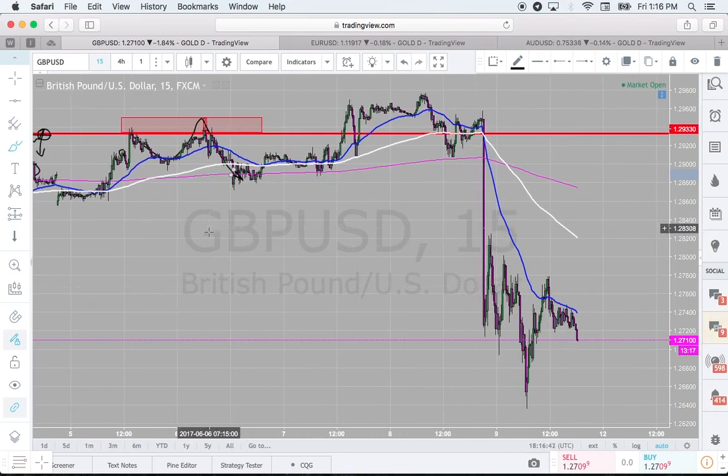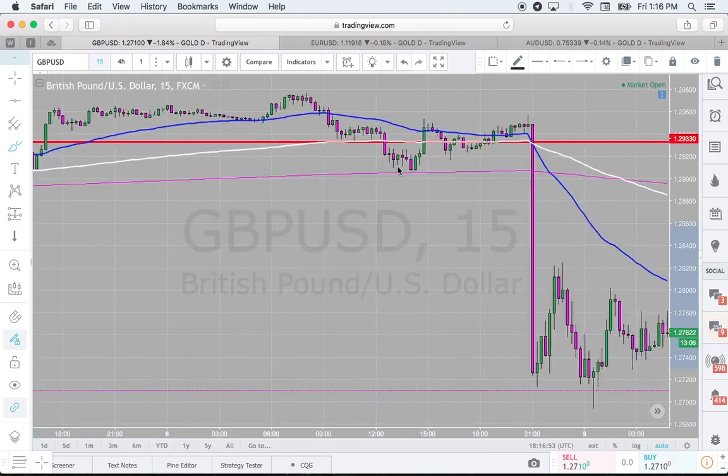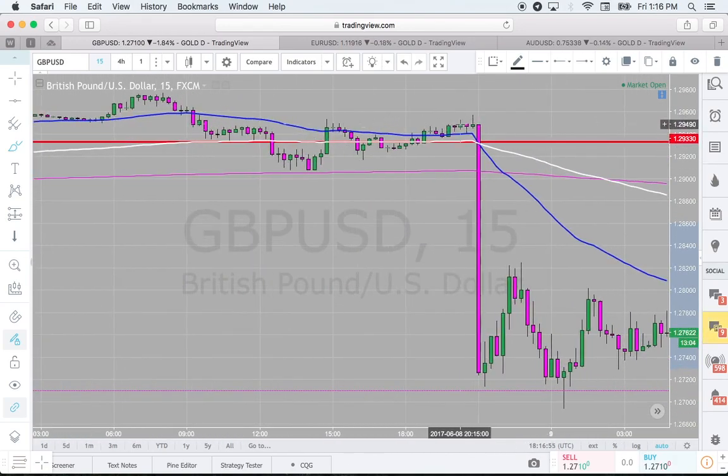And the same exact thing for W patterns. The same exact terminology. So we can see, again, like we talked about on GBP USD, that second leg, spike above it, and then create that candlestick wick.